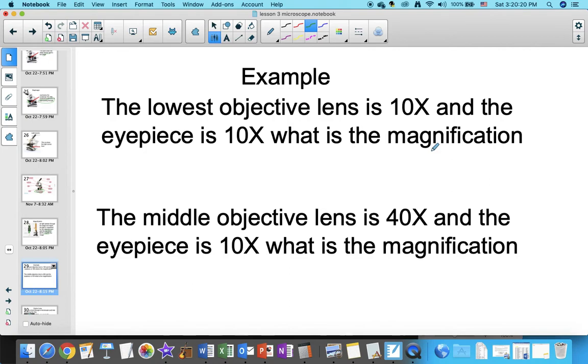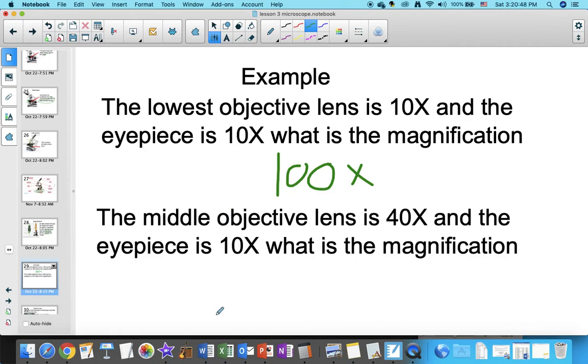What is the magnification? Well, you looked at an object, the objective lens magnified it by 10, right? So it's 10 times larger. Well, then the eyepiece magnifies it by 10 again, which makes it 100 times larger, right? So 10 times 10. So when you look at something at the lowest magnification, usually you're looking at it at 100 times because the objective lens magnifies it by 10, and so does the eyepiece.